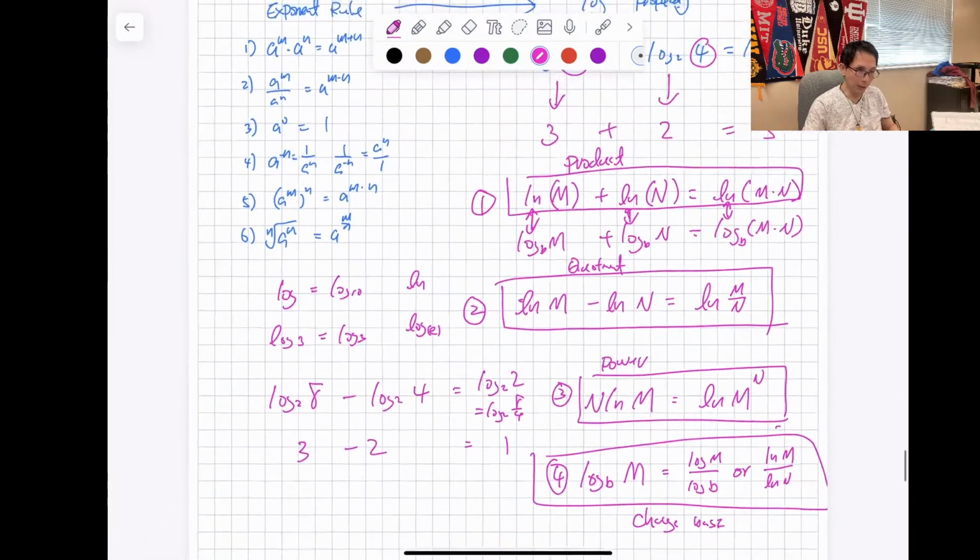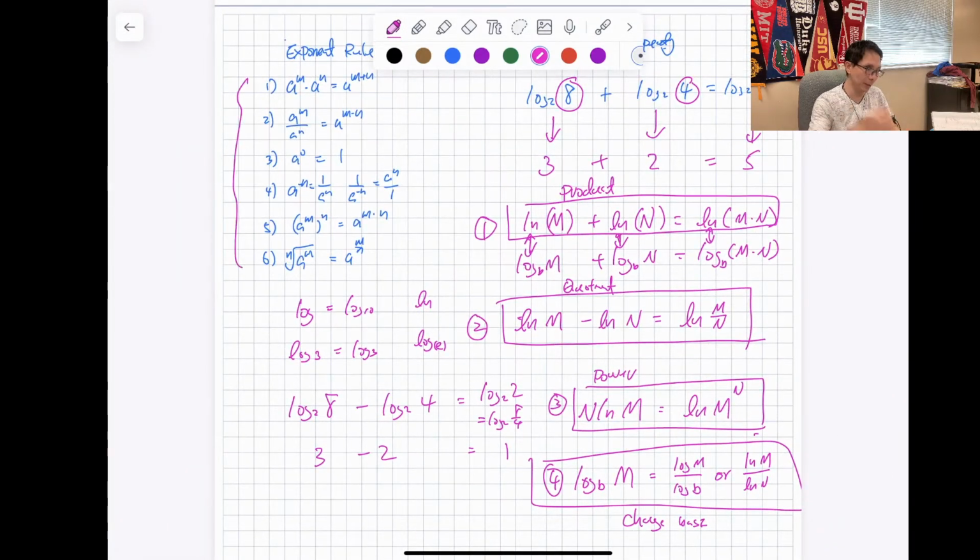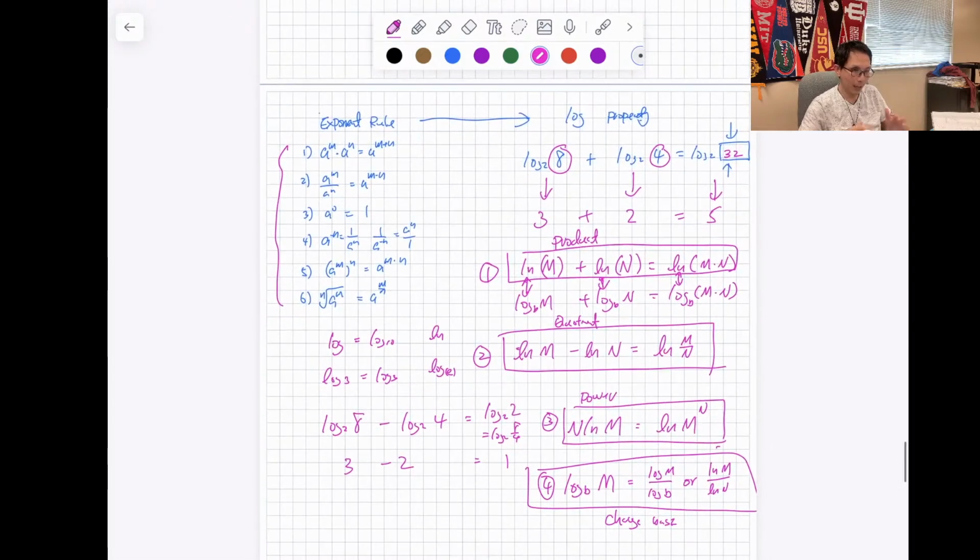Now you also need all the exponent rules because we need this for today, for a different purpose. The two purposes I want you guys to be able to do before you leave the room: can you expand, and can you compress? And can you solve the equation?